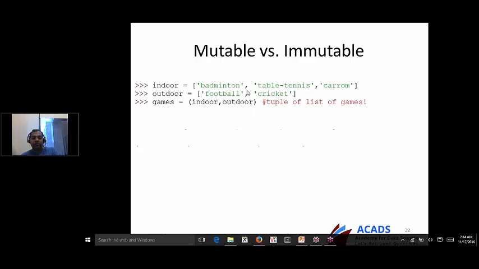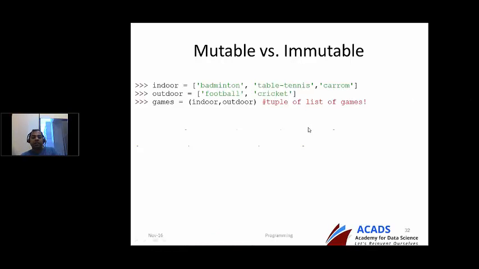Maybe I want to add more games to the list later, and similarly outdoor games. Then I create a tuple which holds both indoor as well as outdoor games. So I have two lists in this tuple, one which contains indoor games, another which contains outdoor games. When I print this, I get the values as expected.